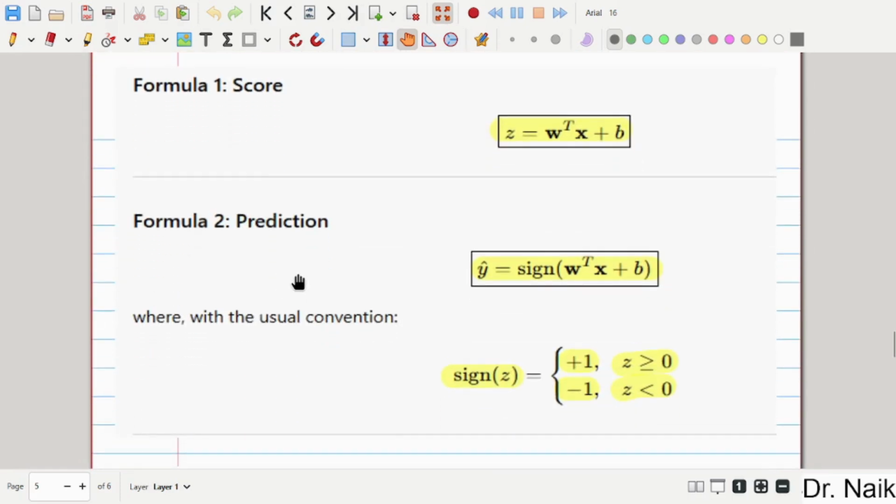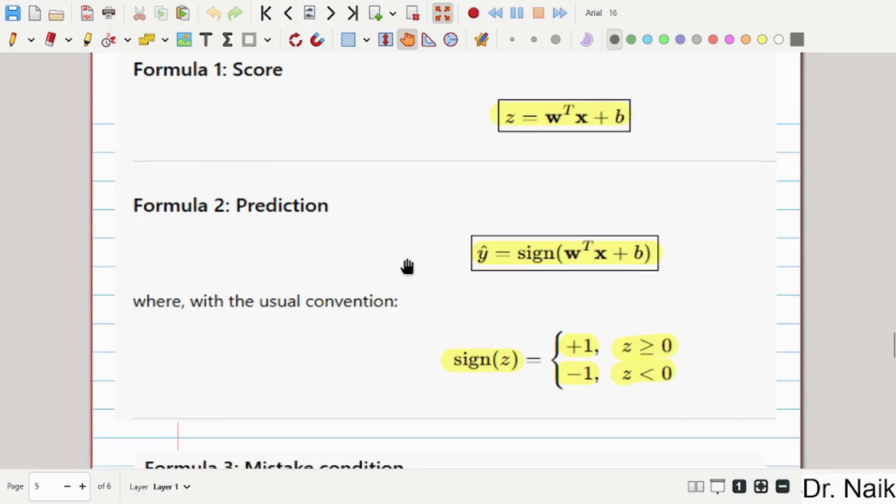Now let's see some important formulas. Score, that is Z, is calculated by the formula W transpose X plus B, where W is a weight vector, X is a feature vector and B is a bias. Prediction Y hat is equal to sign of W transpose X plus B, where sign of Z is plus 1 if Z is greater than or equal to 0, or minus 1 if Z is less than 0.